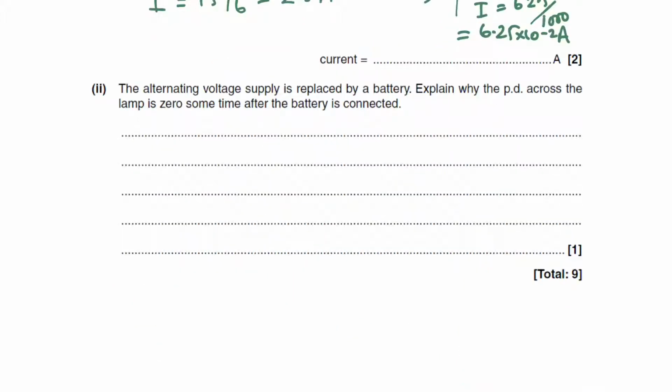And then finally, the alternating voltage supply is replaced by a battery. Explain why the PD across the lamp is 0 some time after the battery is connected. The key thing to know about a battery is that it is direct current, so current only flows in one direction, so you don't get a change in the direction of the current that is flowing.